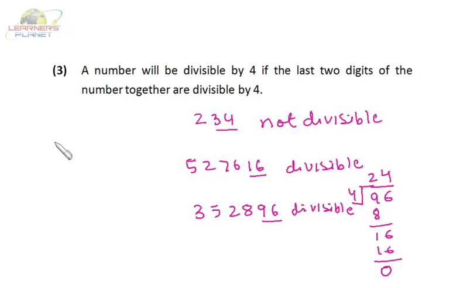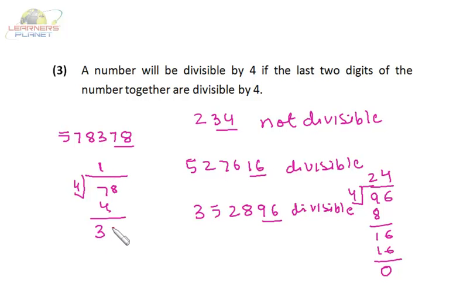Let's take one more example. Suppose I have a number 5, 7, 8, 3, 7, 8. Okay. Now just see last two numbers. It is 78. Let's check whether 78 is divisible by 4 or not. So divide 78 by 4. So 4 1s are 4.